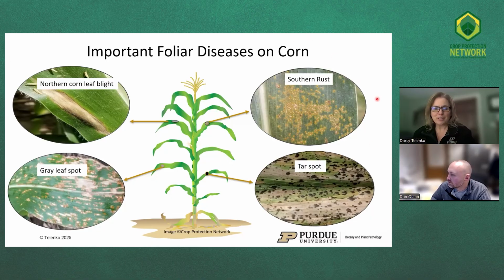So that is a disease we track, and I'll get into a little bit more in each one specifically, but how soon southern rust moves into the state is going to dictate the potential yield impacts of that disease. And then finally, a disease that I've been dealing with a lot is tar spot. And for protecting the canopy from tar spot, our window is a little wider than that standard VT/R1 fungicide application. We may want to go a little later since this disease really seems to move in after that R3 timeframe.